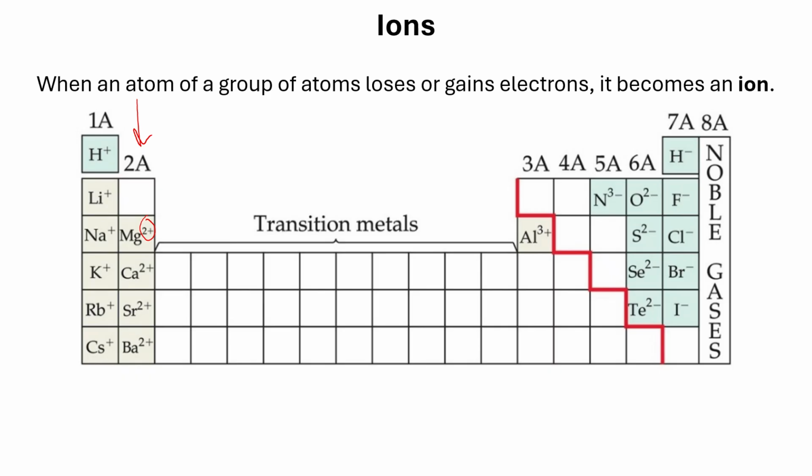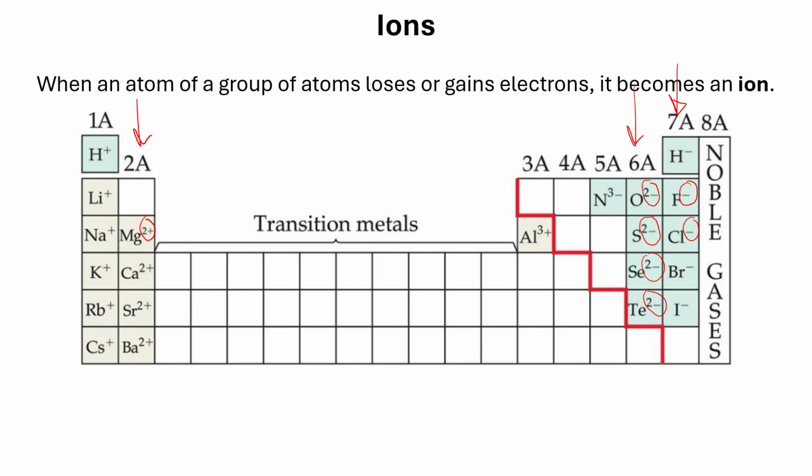If you go to the right side of the periodic table, you can see group 7 making anions, and they gain 1 electron and make a -1 ion. Group 6A gain 2 electrons, therefore all the elements mentioned here have a -2 charge.